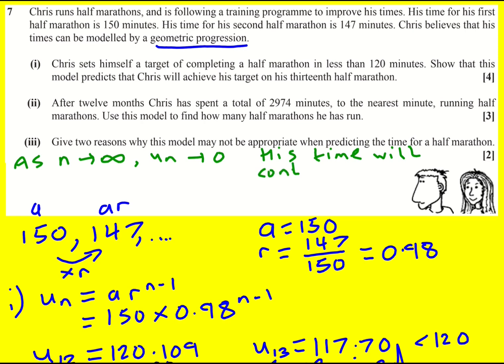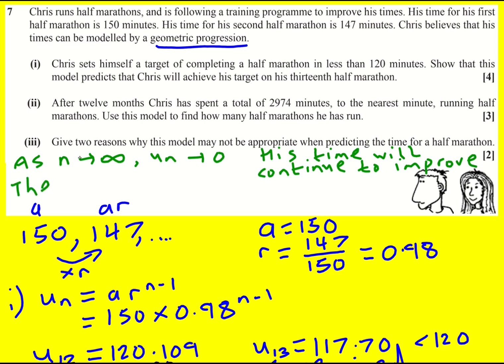Eventually, over time, if he does enough, it would go down to like 1 minute. He'd have to do a lot of half marathons to get there, but he would get there. So that's not really realistic. He's going to peak at some point and then not really improve from then on. It's not going to continue to go down by 2% every time. So that's one reason.